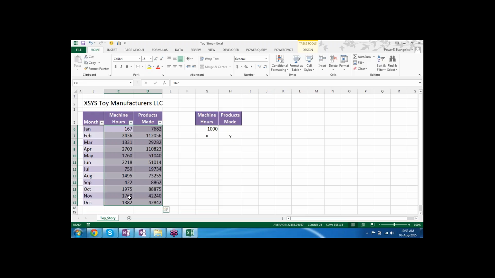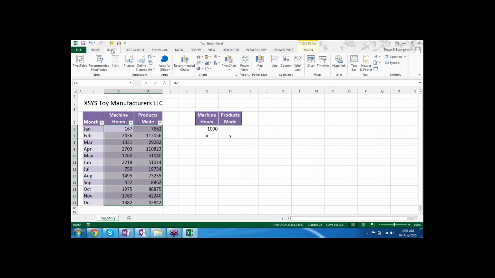Both X's and Y's should be selected. After you have selected the data points, you simply insert a chart. If you go to Insert, there's a special type of chart called scatter chart. Scatter chart is actually used for finding out correlation between data points.